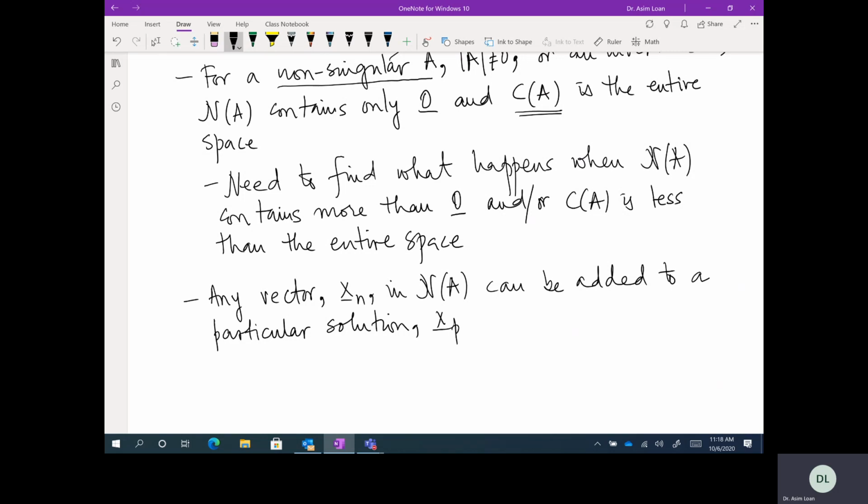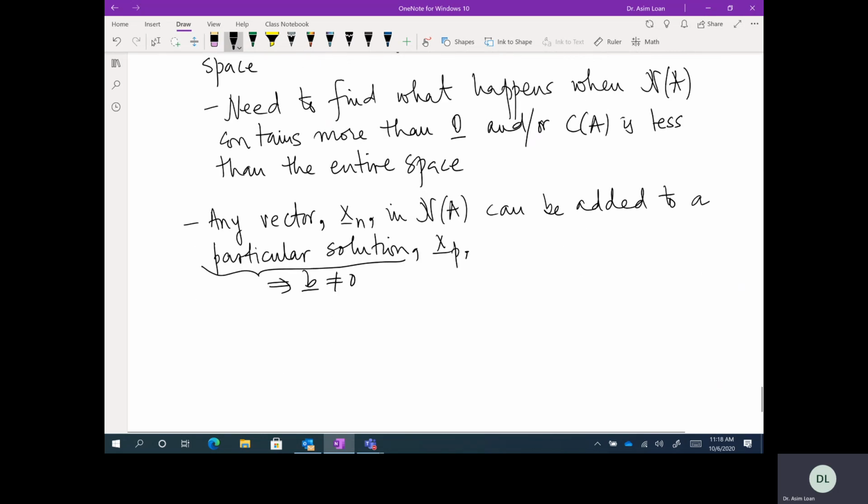X of p is the solution when the right hand side is not 0, so b is not equal to 0. So we can add it to any particular solution, and what happens? So x equals x of n plus x of p.